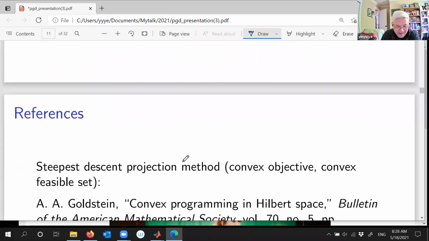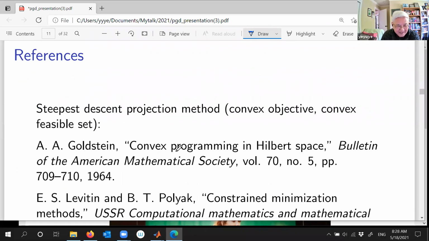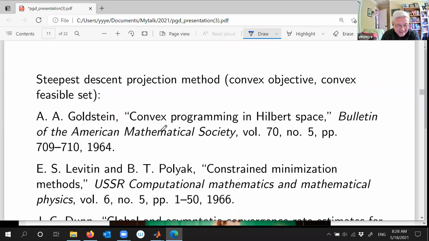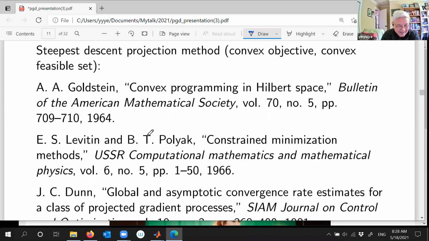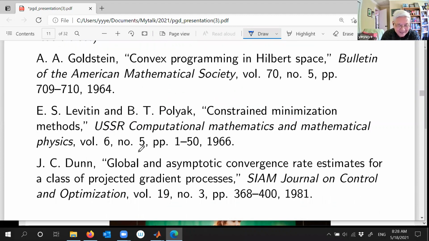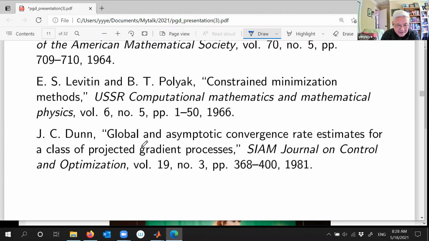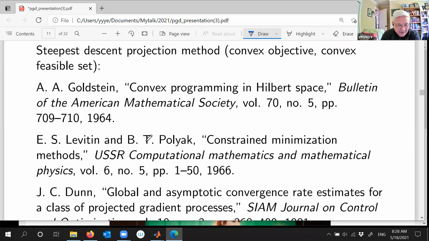For this method, surprisingly, or not surprisingly, you can also go back to the history. Alan Goldstein talked about this method, and Levitin, Polyak, and also, of course, in the USSR, also had this method, but this is for convex objective and convex feasible set.